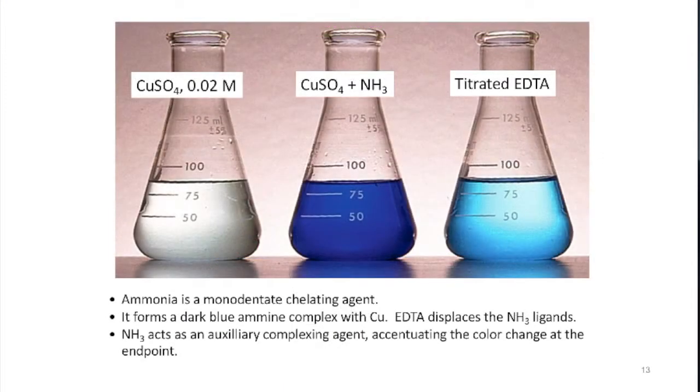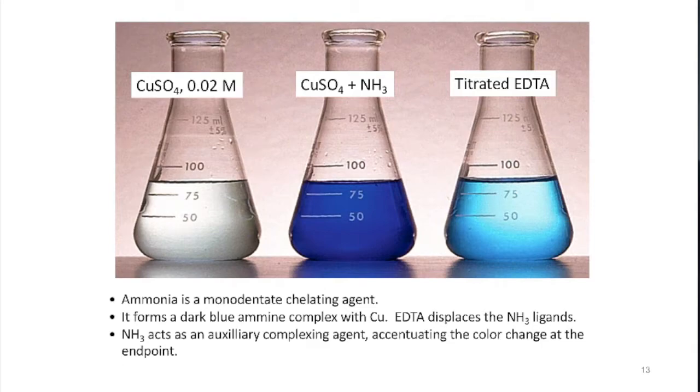This slide just shows you the colors of copper solutions with different ligands. The first one we have is copper sulfate, so that's just the same one that you use in lab when you initially mix up the copper solution, so it's kind of a light blue color. If you add some ammonia to that, some NH3, the ammonia will displace the sulfate to create a copper NH3 complex, and that is a dark blue color.